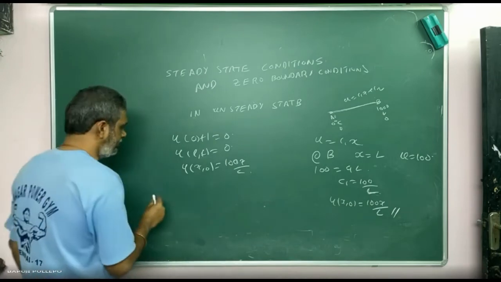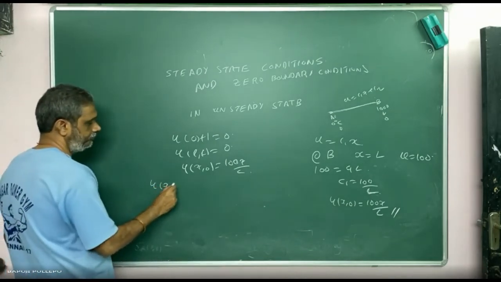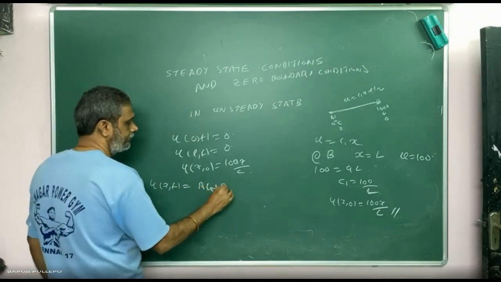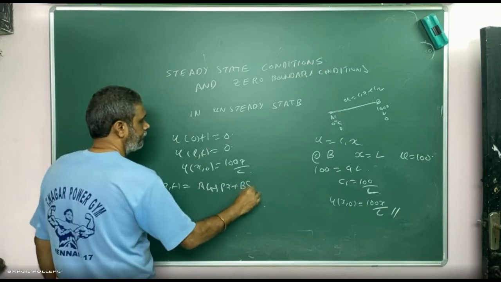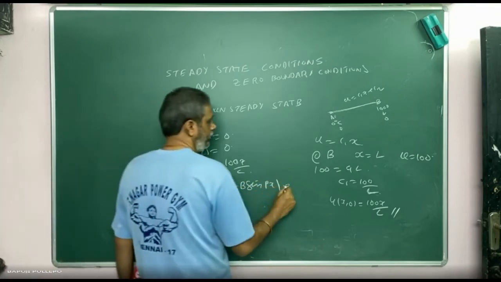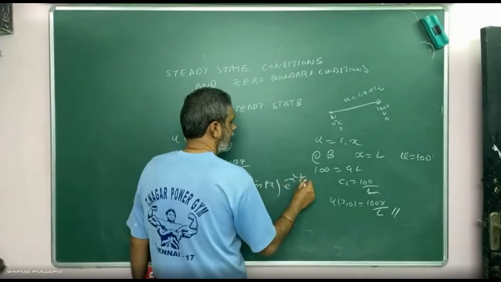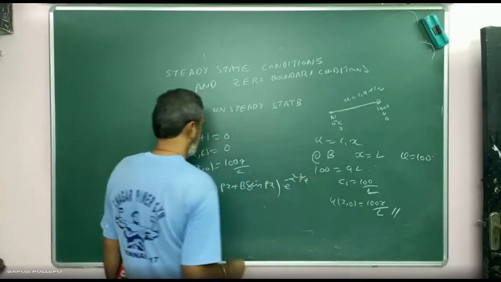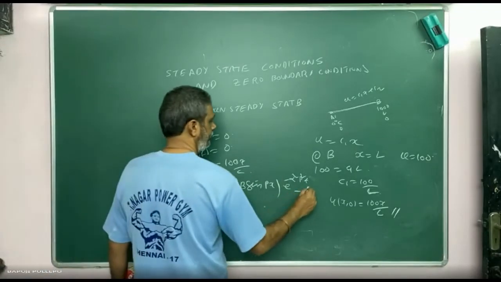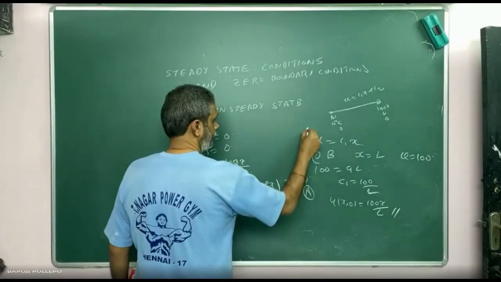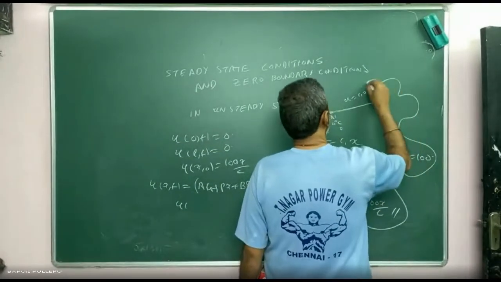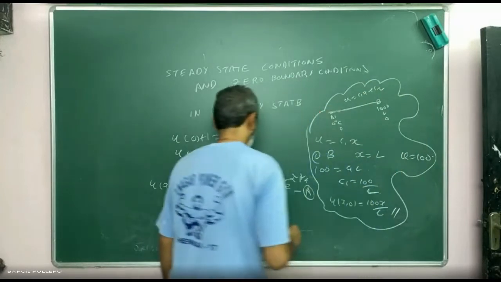Now we write the general solution: u of x comma t is equal to A cos px plus B sin px, e to the power of minus alpha square p square t. Correct? Same story. Now apply the conditions.